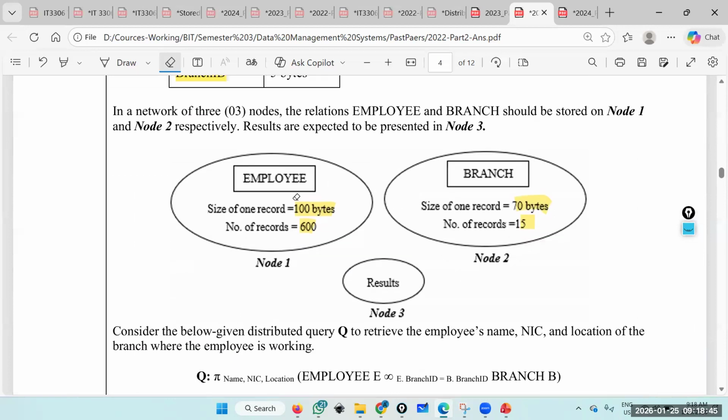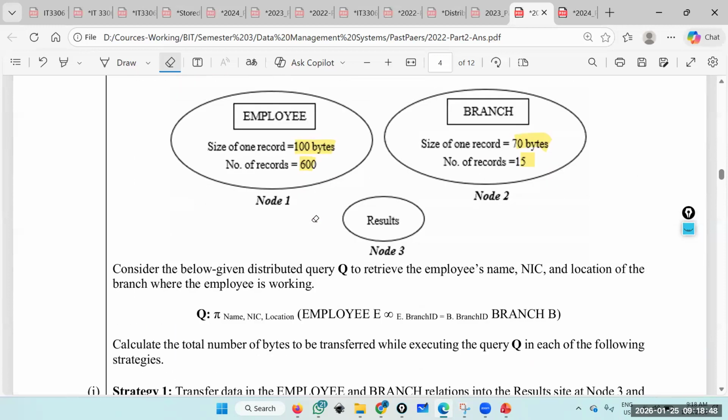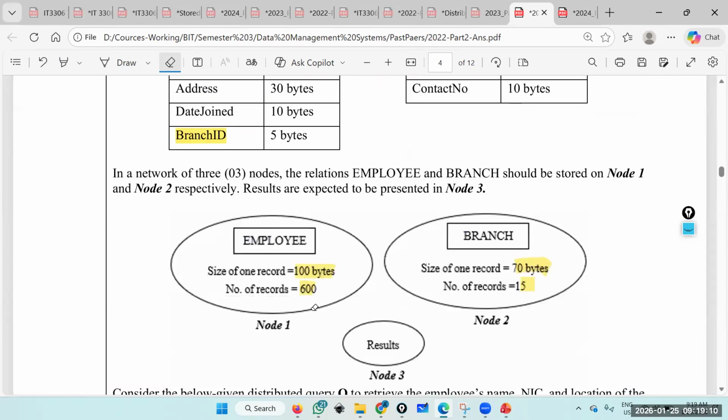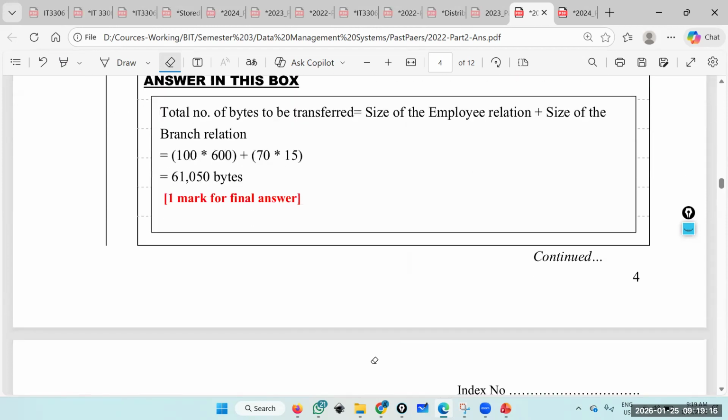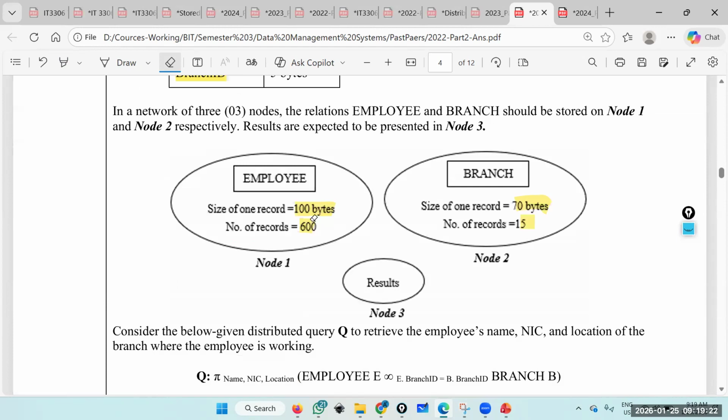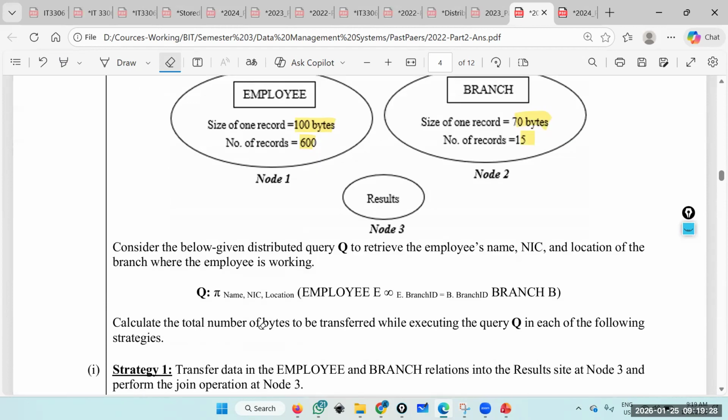So therefore, still it will be 600 records, but you will need only these three fields: name, NIC, and location. 30 plus 10 is 40, and location another 20, so 60. 60 into 600, because you are getting 600 records.